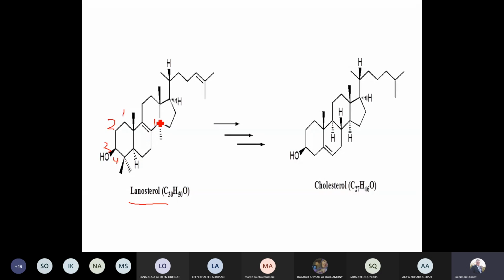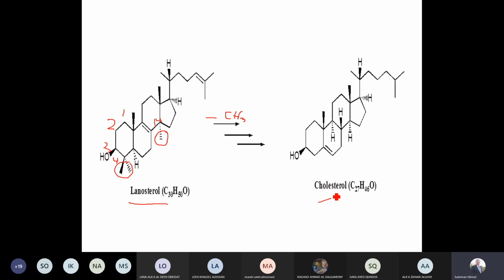What we see in lanosterol, here we should focus on the presence of two methyl groups here, and one methyl group here, so we have three methyl groups. Scientists still don't know why the plant likes to lose these particular three groups to form what we call a steroid.